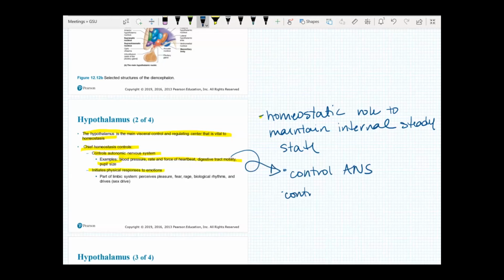This is when you're going on a job interview and you're nervous and your palms are sweating or your heart is racing. That would be your hypothalamus controlling all of these features. Or you're going on a first date and the same premise applies. Being nervous, hands are sweaty, flushed face, all of that is related to your hypothalamus controlling this information.